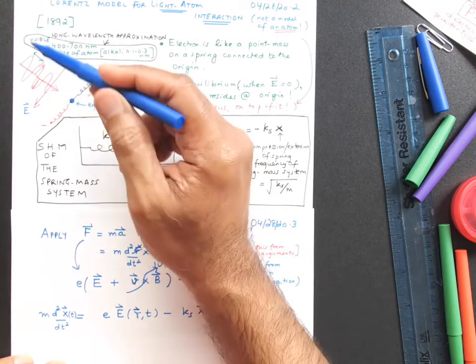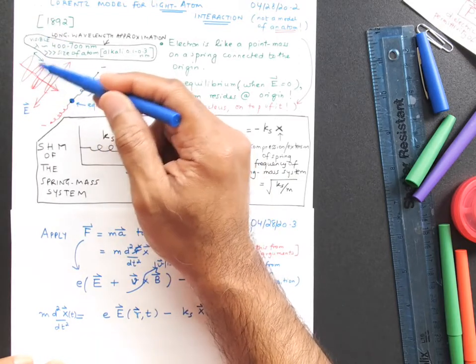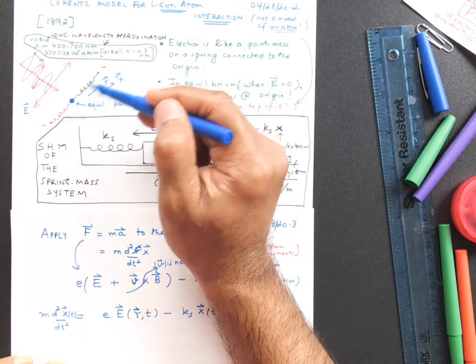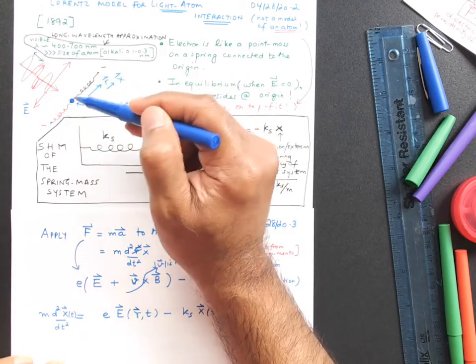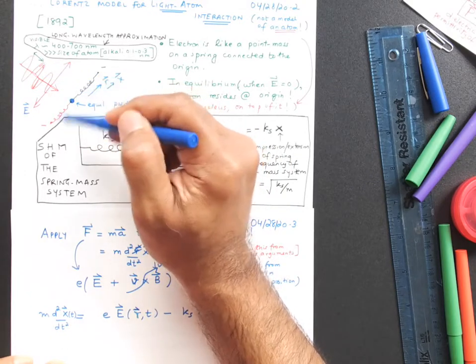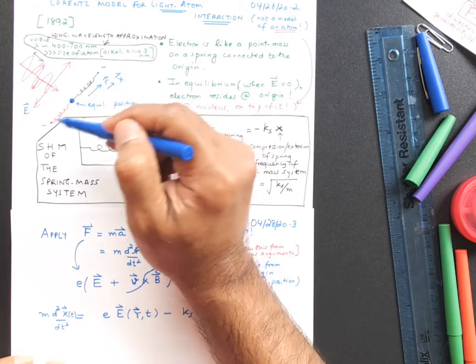All these crests and troughs that I've drawn here, the entire atom is so small that the whole atom will see a crest. So the electric field is the same everywhere.